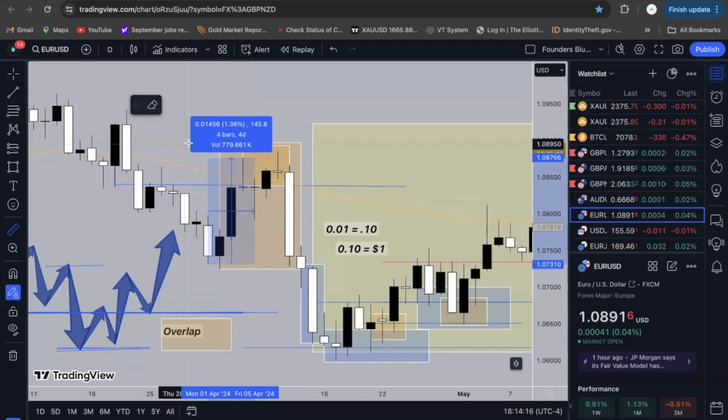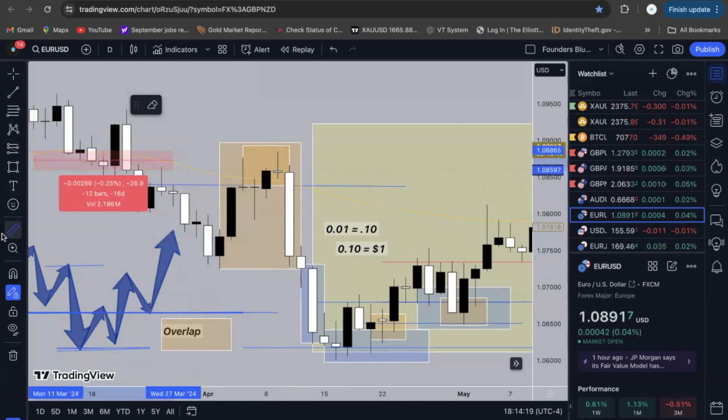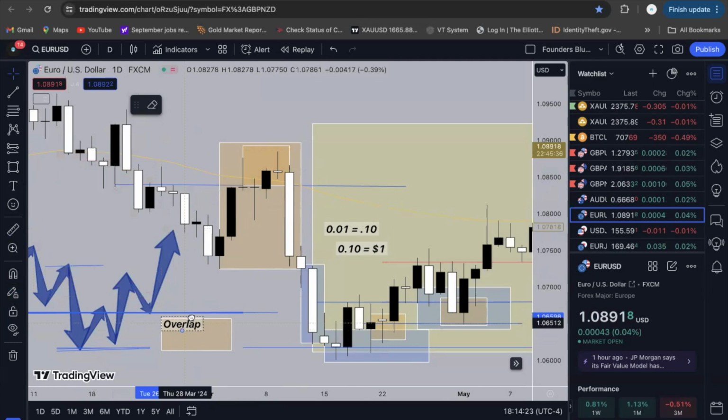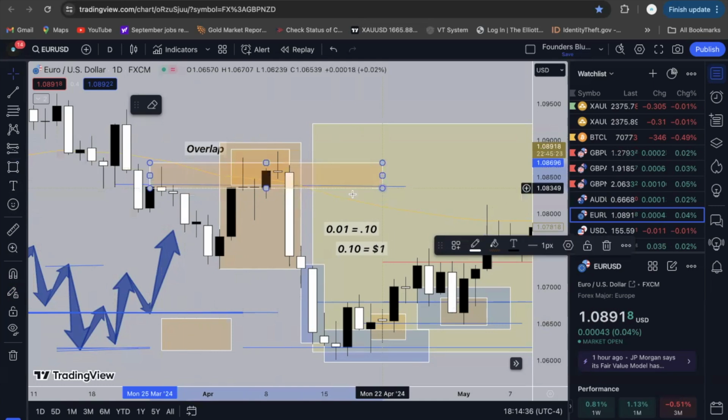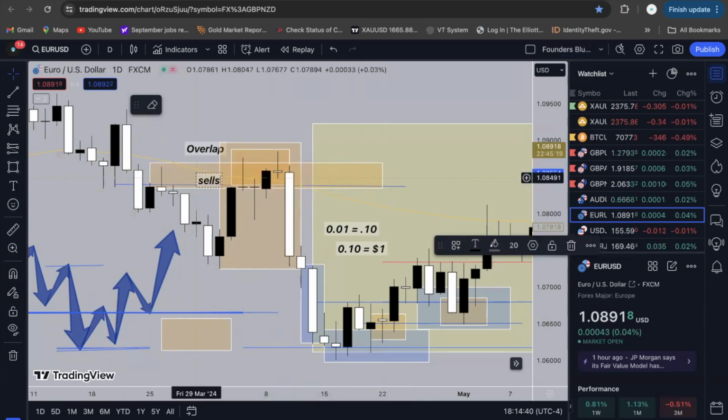But guess what happened right here? You had an overlap. Let's say you sold right here, from right here.